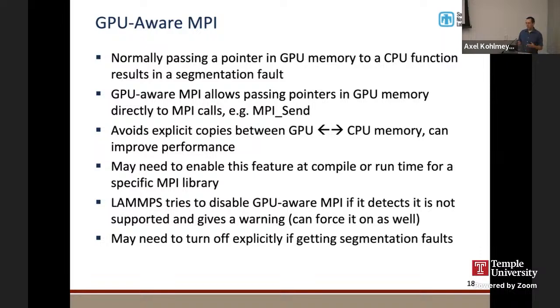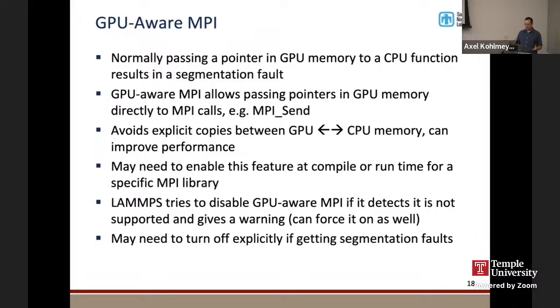Depending on which MPI library you're using, you may have to enable this feature at compile time or runtime. On some of the exascale machines, like the Frontier exascale machine, you have to export an environment variable to enable this. With OpenMPI, you have to compile for this, and if you don't, then you'll get the seg fault.